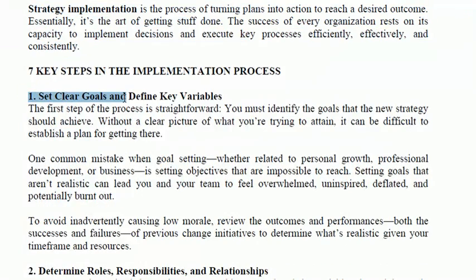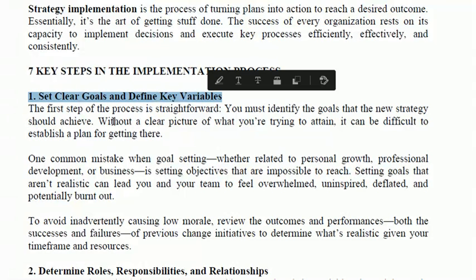The first step in the strategic implementation process is to set clear goals and define key variables. It is very straightforward. The company needs to identify the goals as per whatever strategy they have kept, so that they will have a clear picture of where they are going exactly, because from the vision, mission, the values, then the goals which the company has set, it should be very clear to everyone in the company, as it has been communicated to everyone in the company.